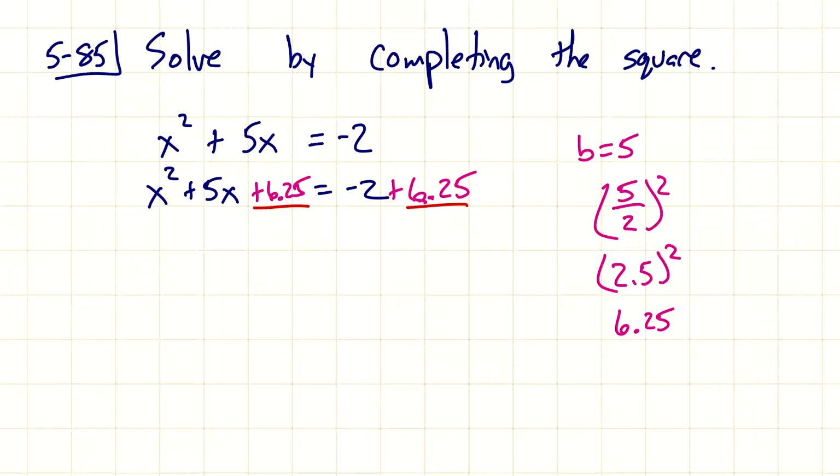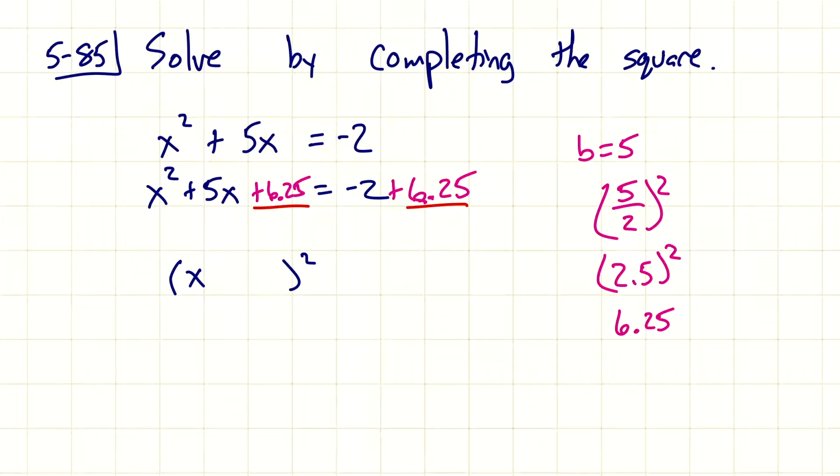So the next step was to factor. So you might think, well, what am I going to do? I don't know how to factor that, but we do. You know that all we're going to do, let me move this down here, is take 5 and divide it by 2. 5 divided by 2.